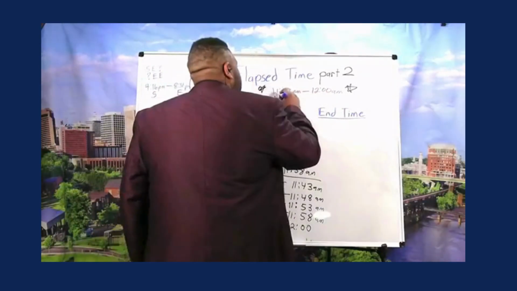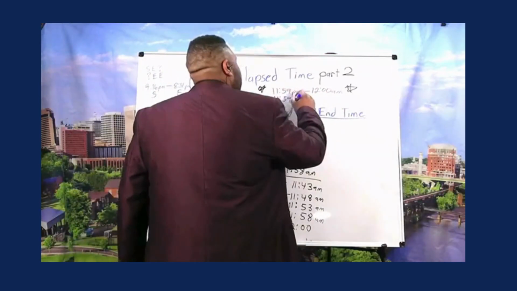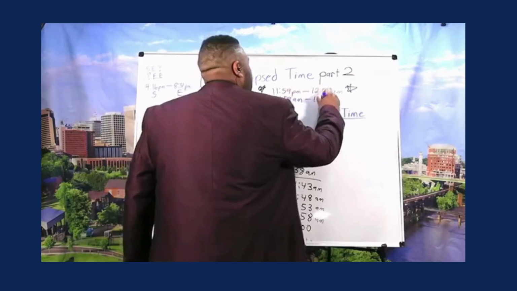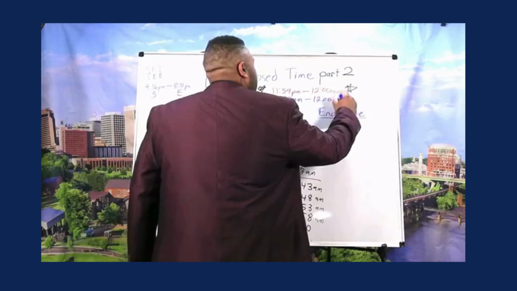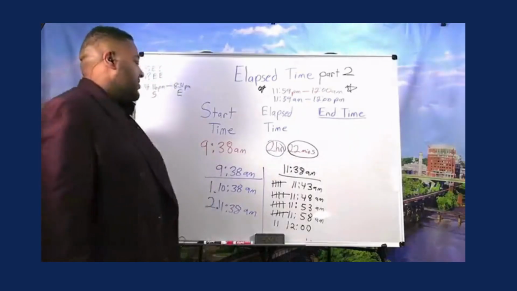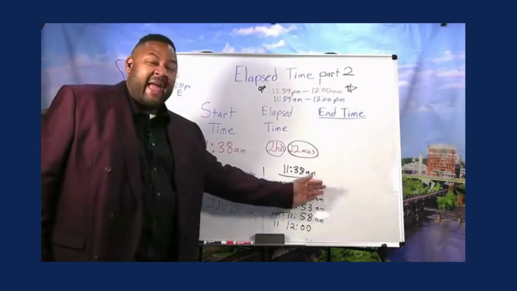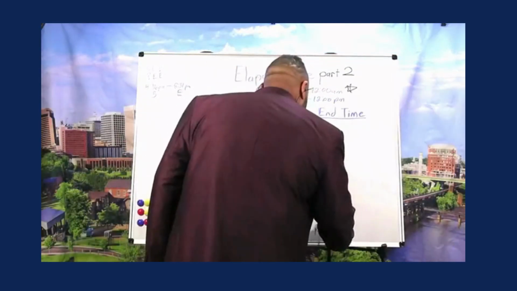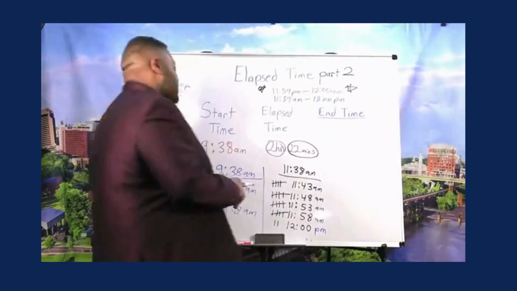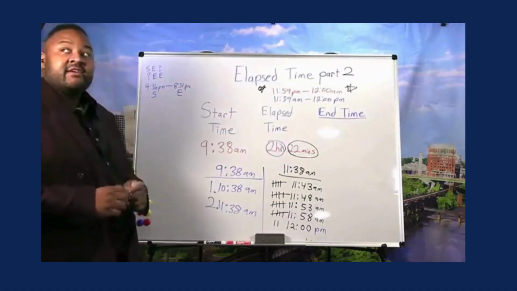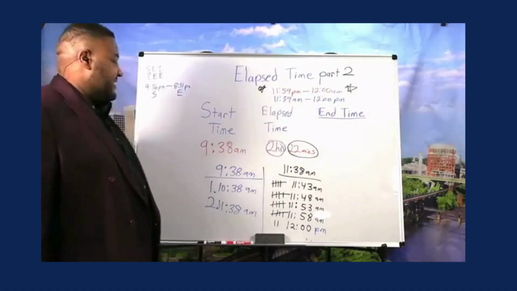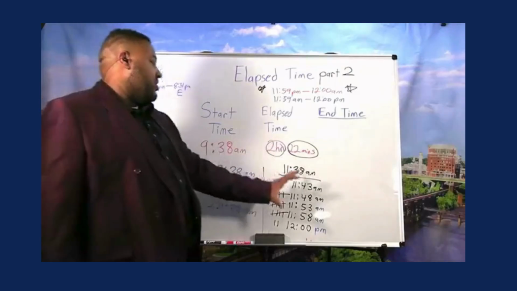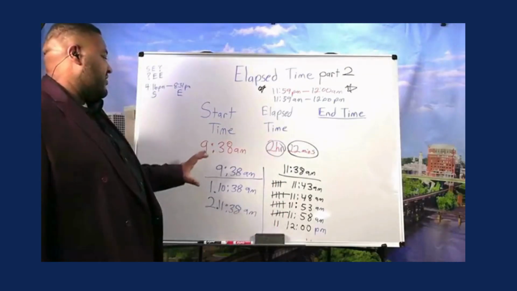At 11:59 a.m., it changes to 12 o'clock p.m. But in this case right here, we're going from a.m. to p.m. Questions or concerns with that? This is where we are with this right here.